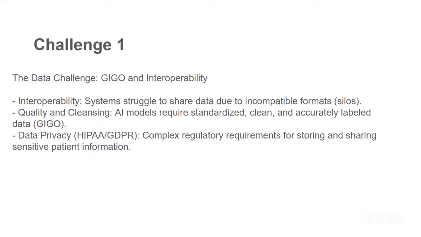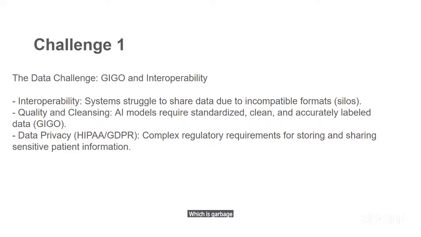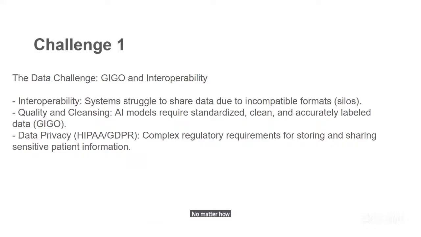And the second is quality and cleansing, where GIGO comes in. This leads us to an essential AI principle known as GIGO, which is garbage in, garbage out. What does GIGO mean? GIGO means that if the input data is poor, incomplete, or incorrect, the output, no matter how advanced the AI model, is also poor.